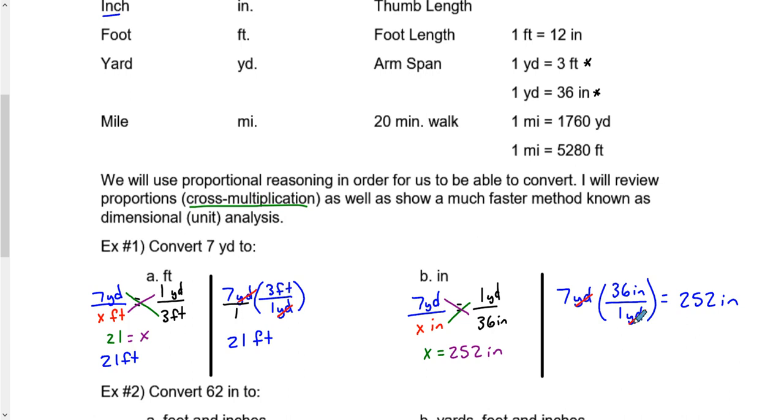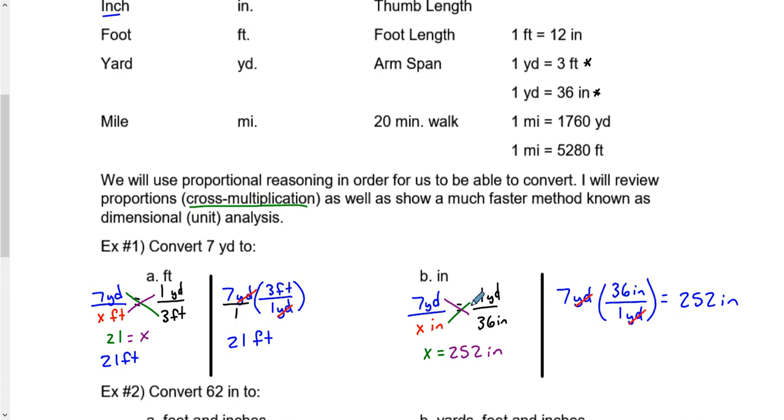You may be going through an understanding, or you may think one way. For example, you may know that you just have to take 7 multiplied by 36 and you get 252. Great. The reason I prefer dimensional analysis is because it never steers you wrong.